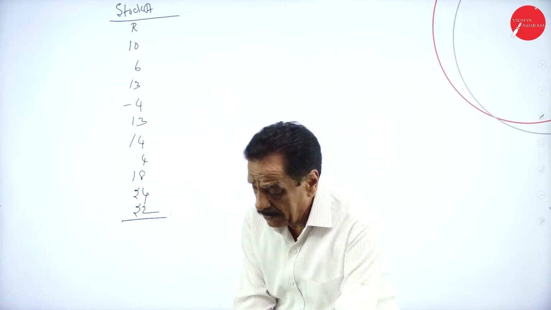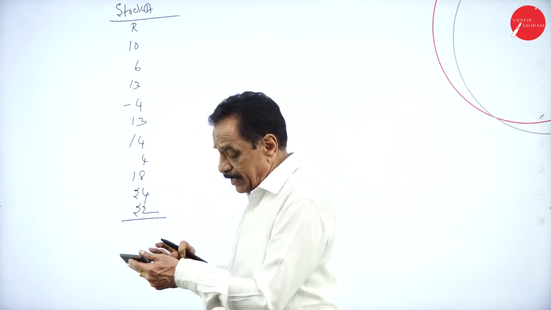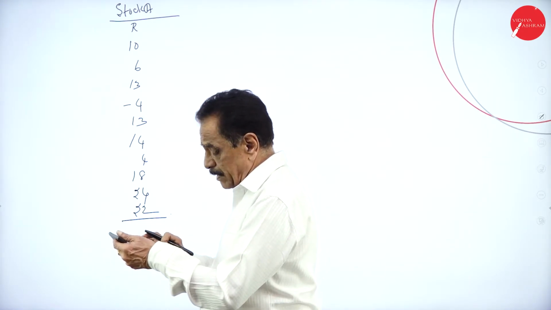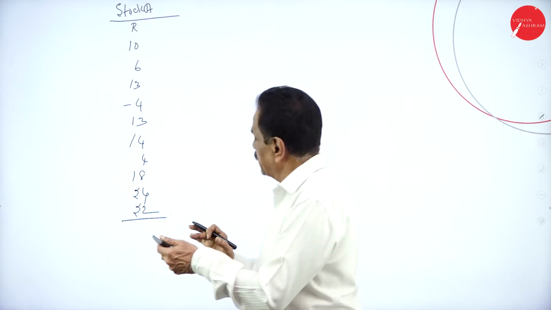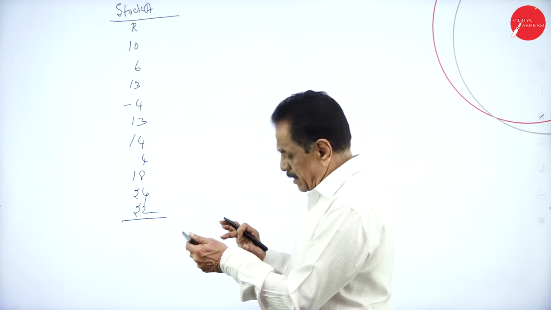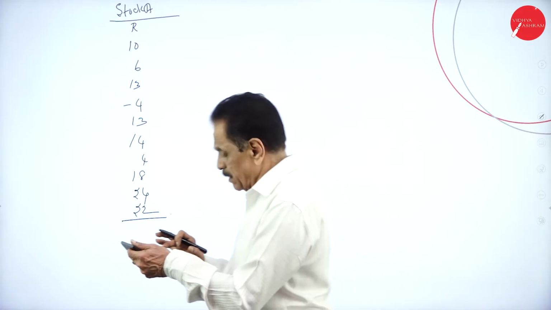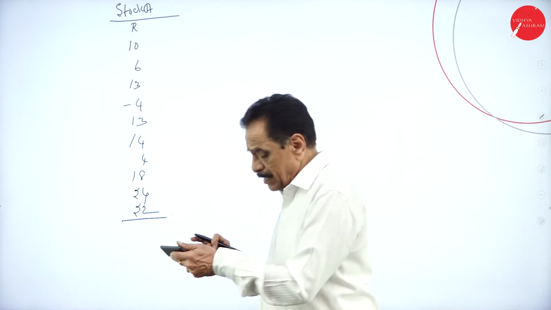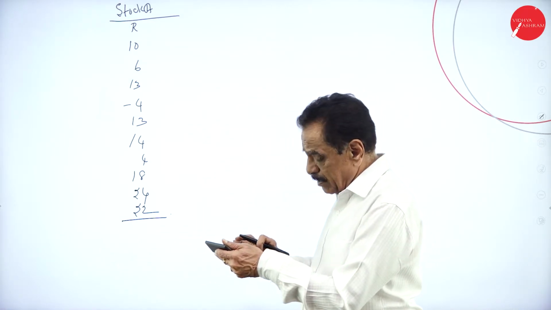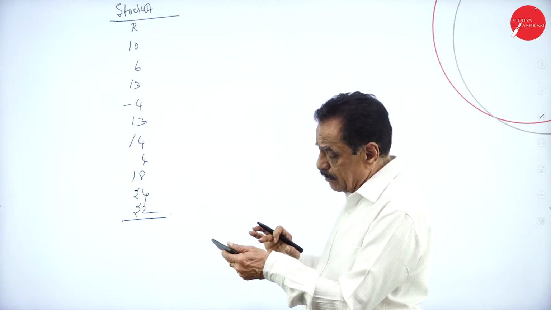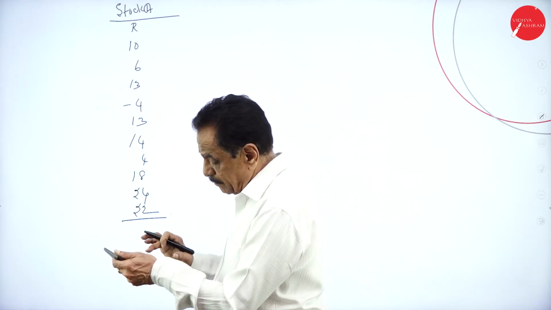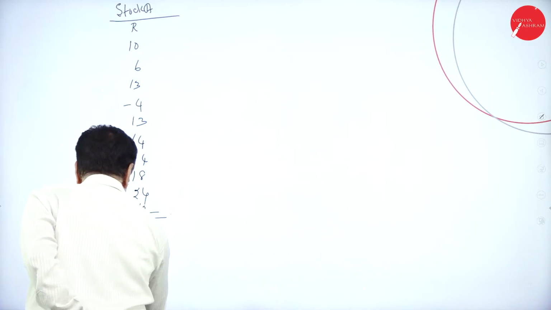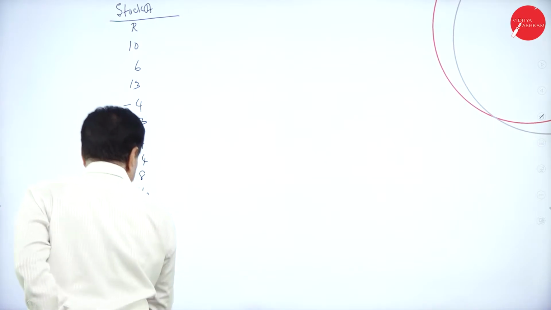First add the figures. 10 plus 6 plus 13 plus 13 plus 14 plus 4 plus 18 plus 24 plus 22 minus 4. Sigma R is 120.